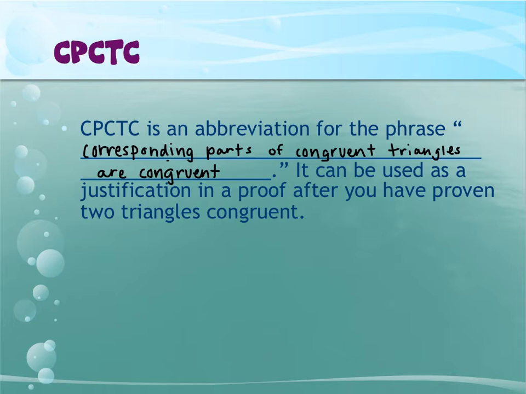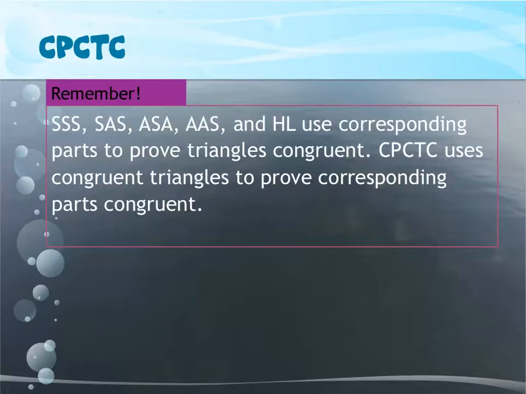So CPCTC stands for corresponding parts of congruent triangles are congruent. Remember, SSS, SAS, ASA, AAS, and HL are corresponding parts to prove triangles are congruent.